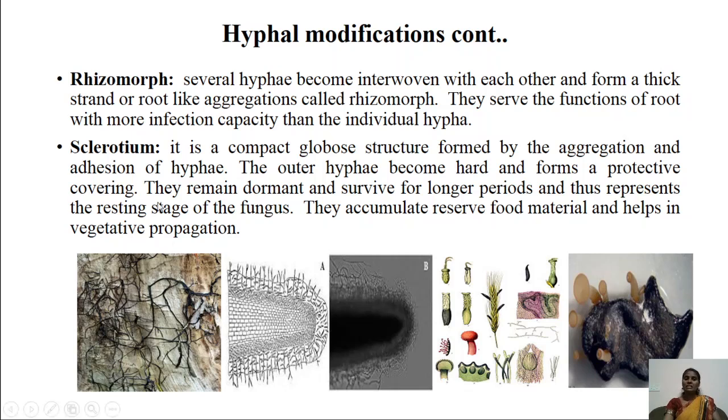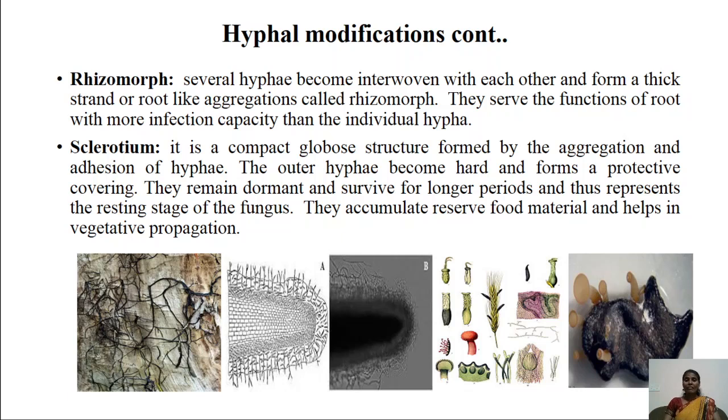And coming to the next example of hyphal modification, that is sclerotium. It is a compact, globose structure formed by the aggregation and adhesion of hyphae, where the outer hyphae become very hard and form a protective covering for the inner hyphae. They remain dormant, meaning they don't interact with external environmental conditions.